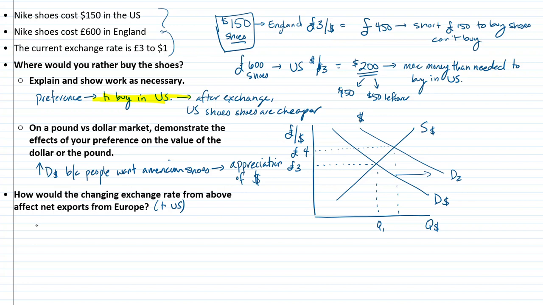But what we begin to see is as the dollar increases in value, aka as the dollar appreciates, the cheap shoes no longer look cheap, right? As people buy more and more dollars to go get shoes that are cheaper, eventually the price of the dollar is going to go up enough that the discount we were previously getting doesn't exist anymore.